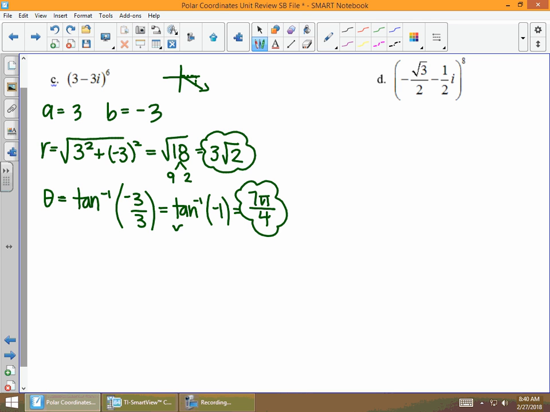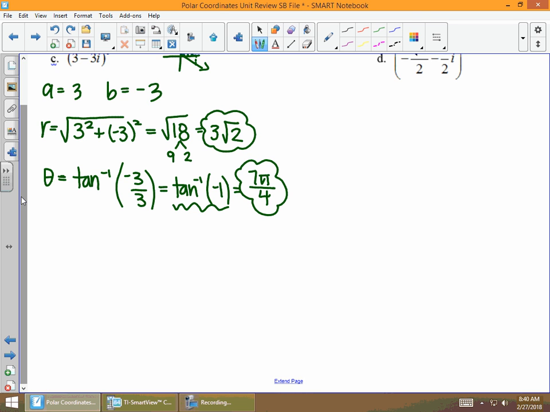We are using arctan again in a little bit of a different way here. It's not really correct, I guess, to say arctan of -1 is 7 pi over 4. It's really negative pi over 4, but we're going to use that fourth quadrant value.